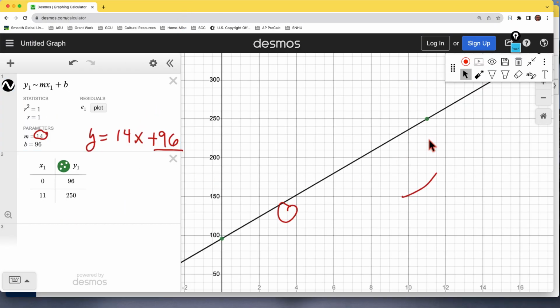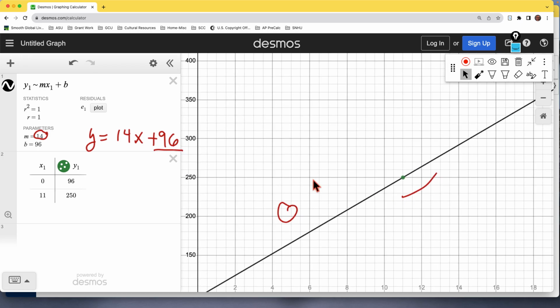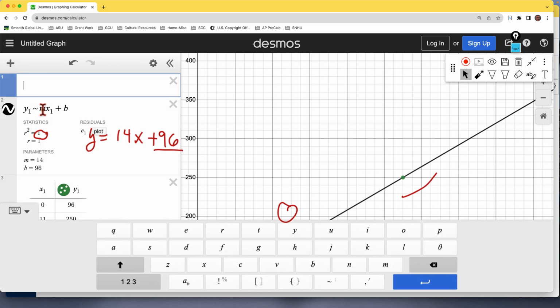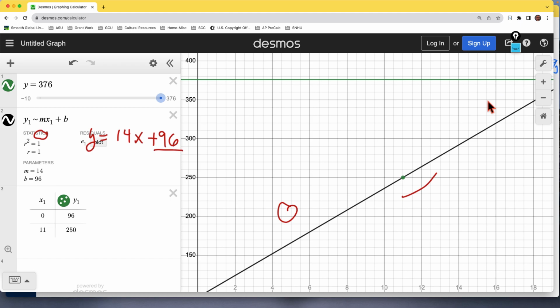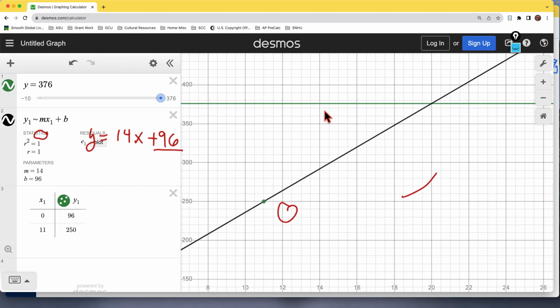Since we have our line here, as long as I can go up to 376, I can put in a horizontal line, y equals 376. And notice what happens. What do you think our solution is going to be? It's going to be where the two intersect, right?